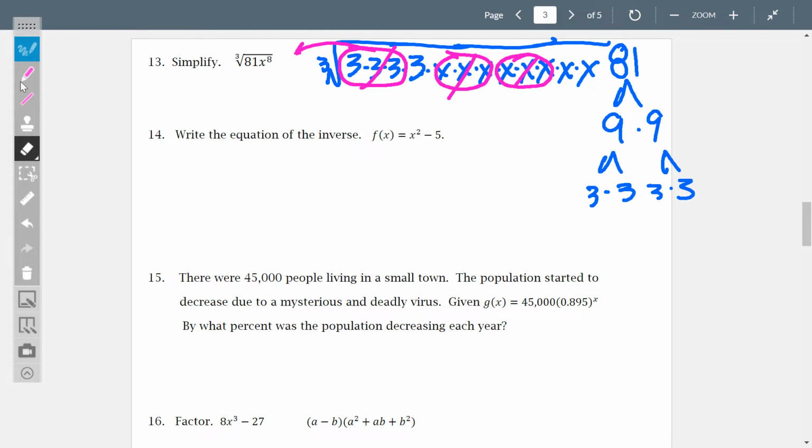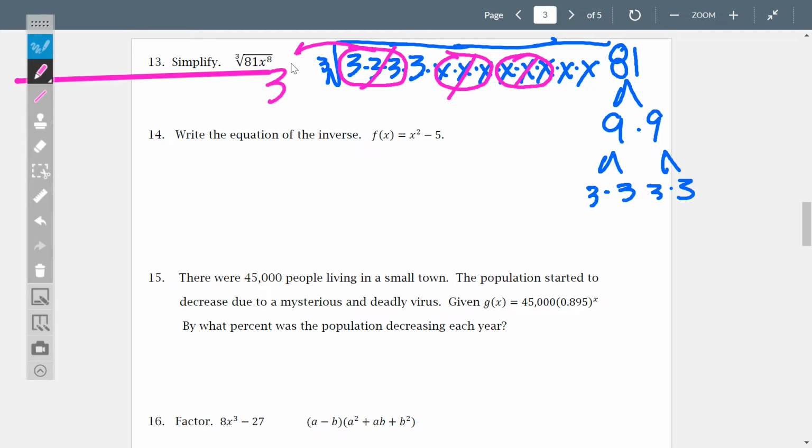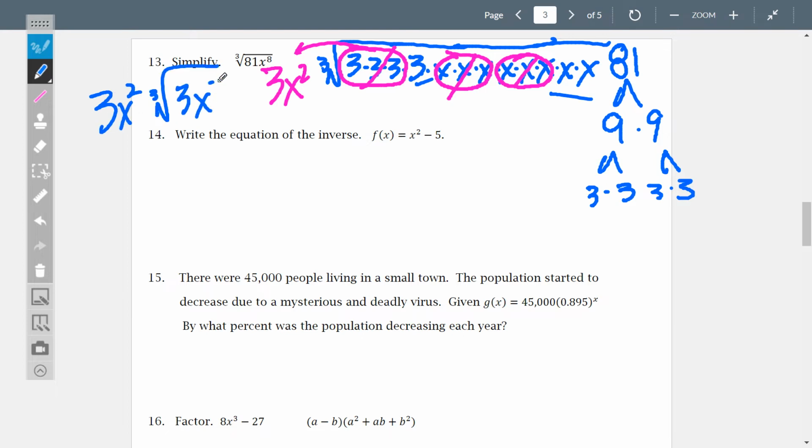So a 3x squared is what's going to come to the outside. Okay, and everything else is going to be on the inside, which is still a 3x squared. So 3x squared comes to the outside, and then underneath the radical, we still have a 3x squared. So 3x squared, cubed root of 3x squared.